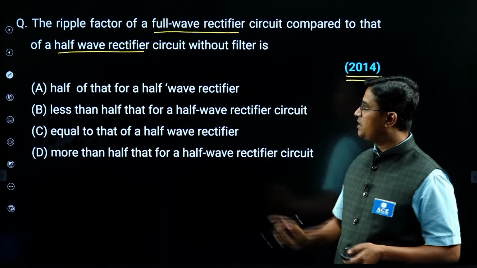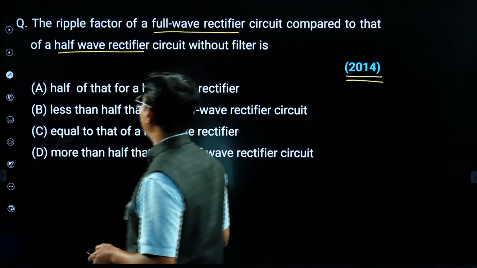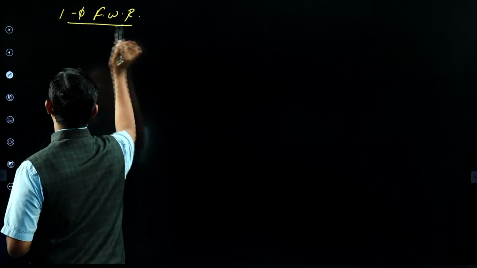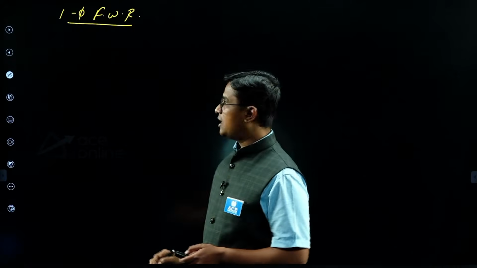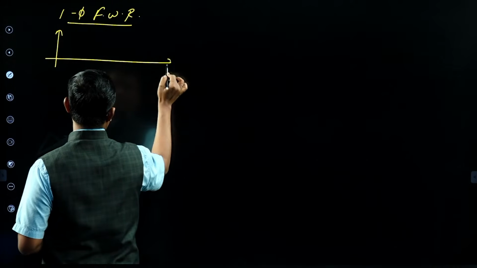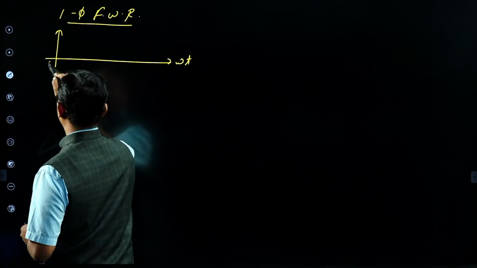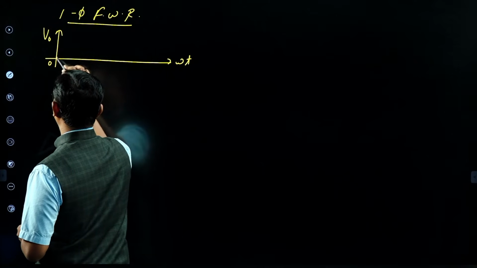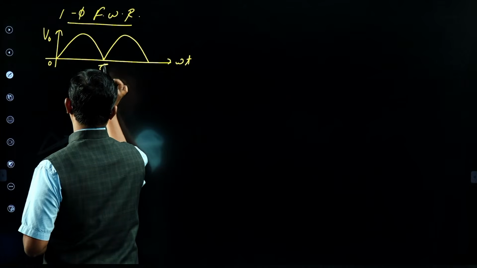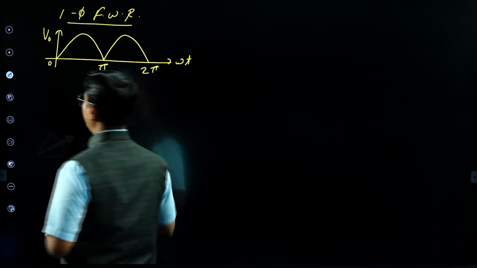All right. So tell me, in case of single phase full wave rectifier, FWR means full wave rectifier, how is the output voltage waveform? We will be getting this type of pulse. Correct?